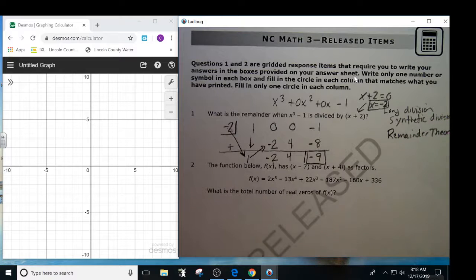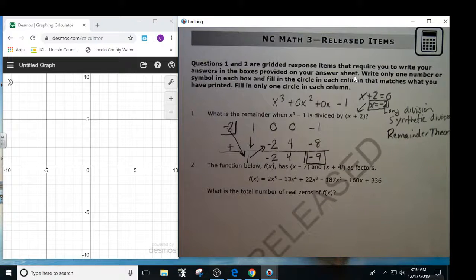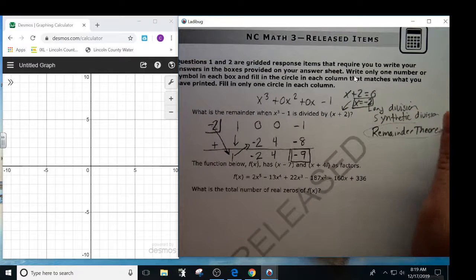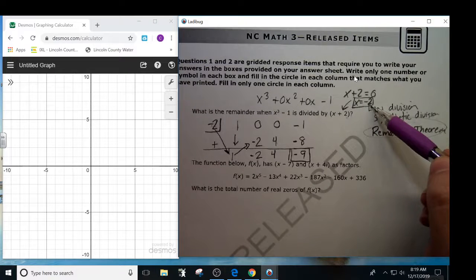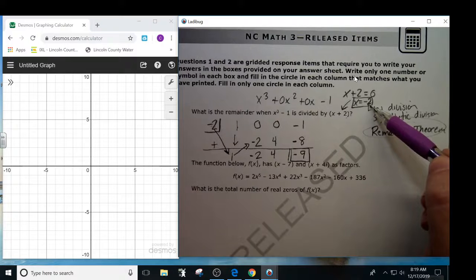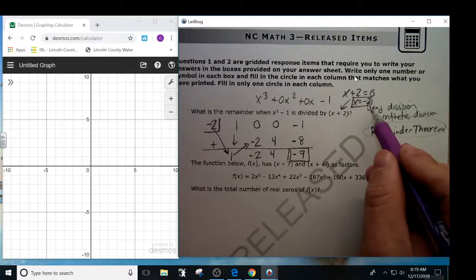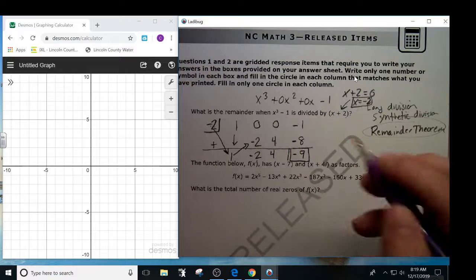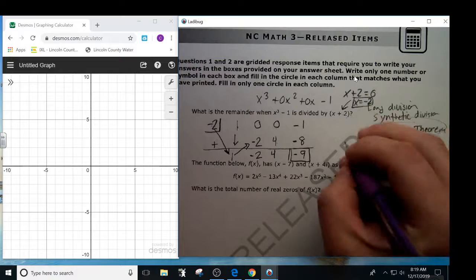Now, guys, let me show you something that I may have showed you. I didn't go really deep into it because I was really more worried about you being able to do synthetic division. Let's talk about, just for a minute, the remainder theorem, okay? Now, if you're given a divisor like this, you know that the number you're going to plug in is negative 2, okay? The easy way to do this is use the remainder theorem. The remainder theorem says if you take a solution or a factor of a polynomial, okay, and you take that number when you set the divisor equal to 0 and you plug it in.